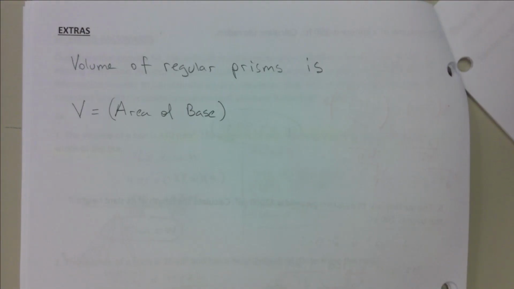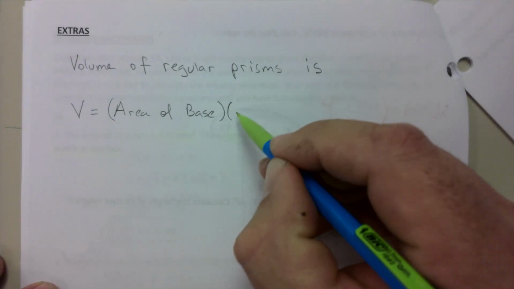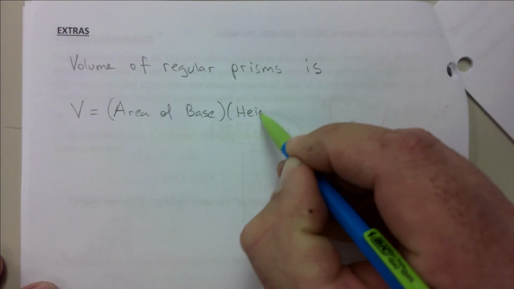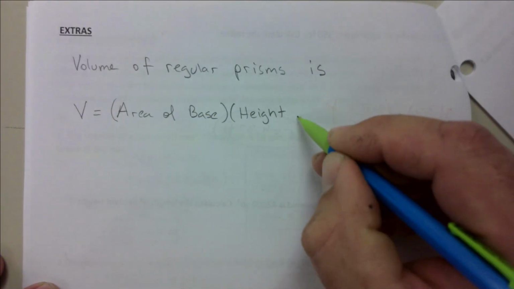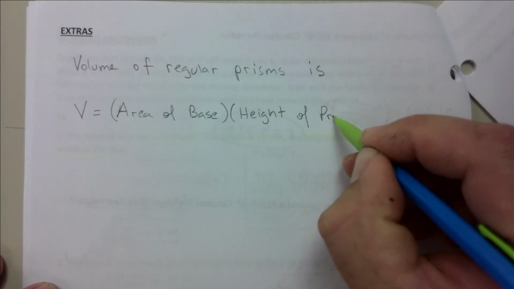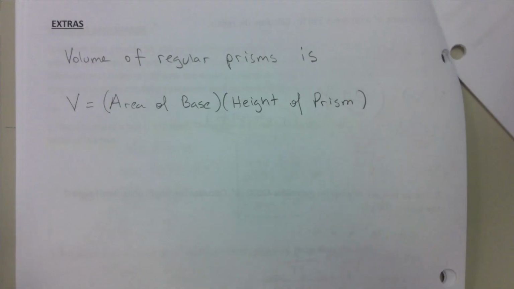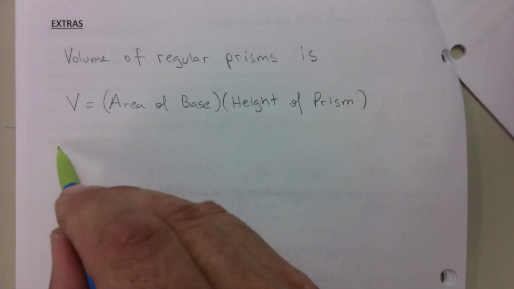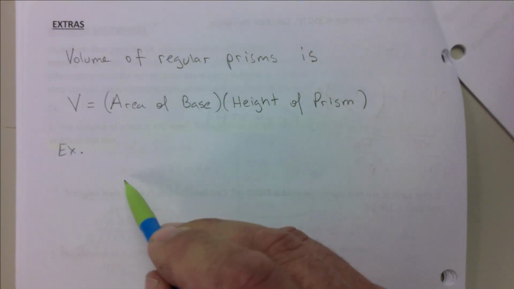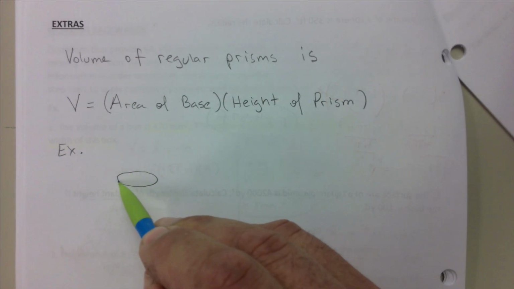For a cylinder, it's a circle, right? You take that area, you figure out what that is, and then you multiply it by the height of the prism. That is always the definition of volume. And I don't know if your teachers told you that in the earlier years. They should have, right?